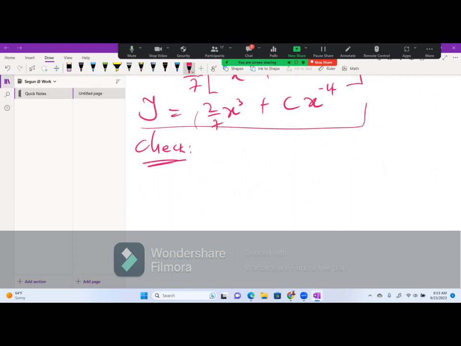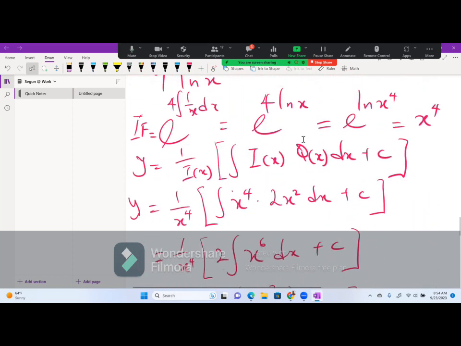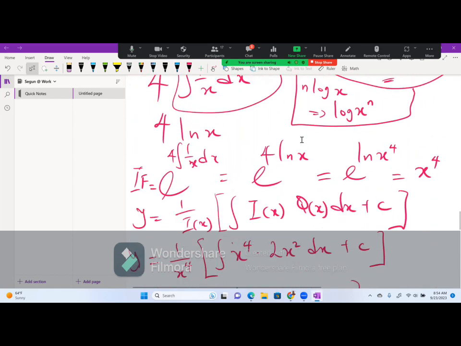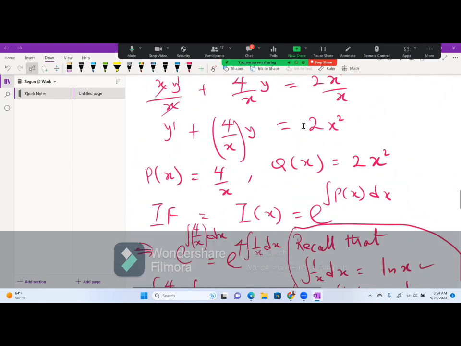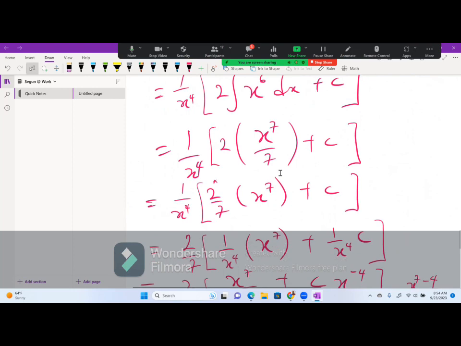So let's differentiate this one, whether we are going to have the same thing. Remember the question. Are we together? Our original question says xy prime plus 4y equals 2x raised to power 3. If we can get 2x^3 back, that means we are right.